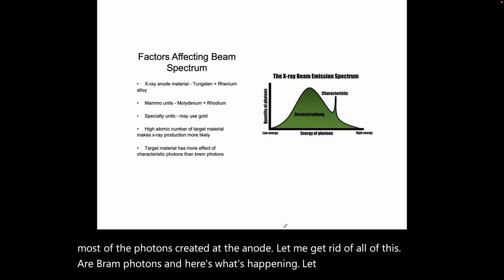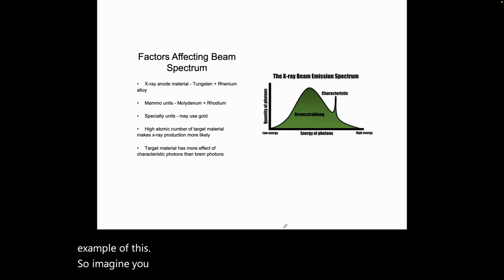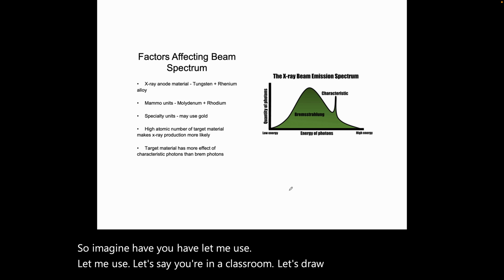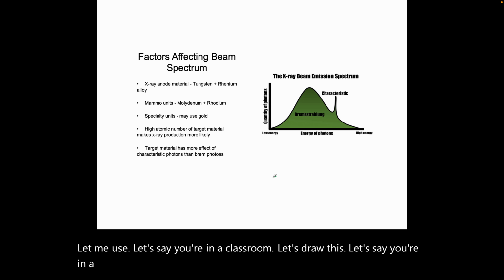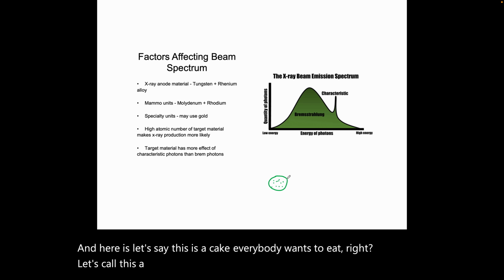And here's what's happening. Let me first give you an example of this. Let's say you're in a classroom, and let's say this is a cake everybody wants to eat. Everybody wants to eat this cake.